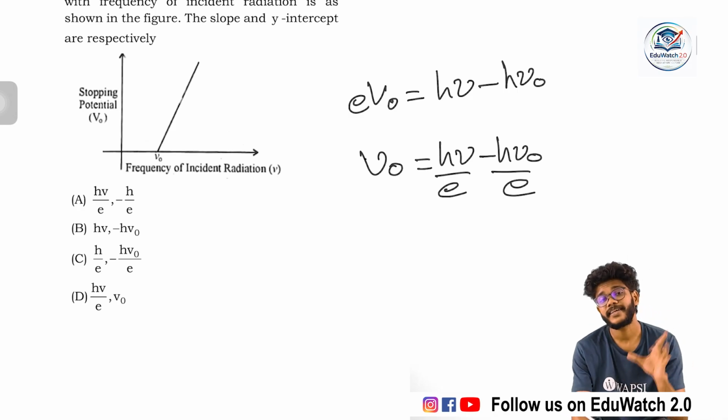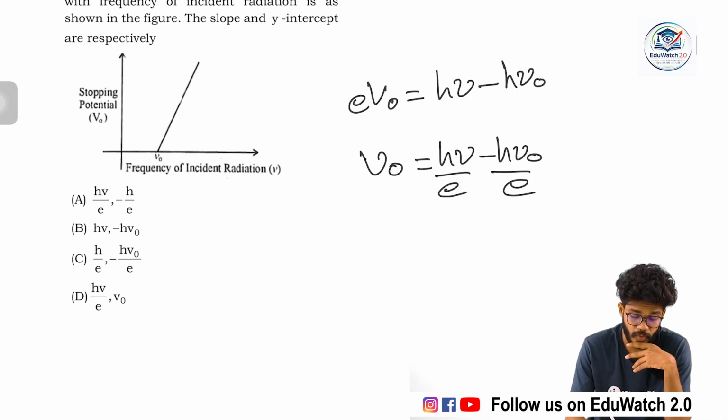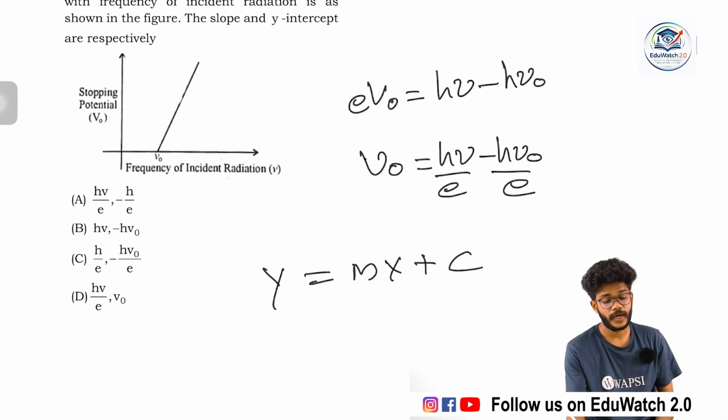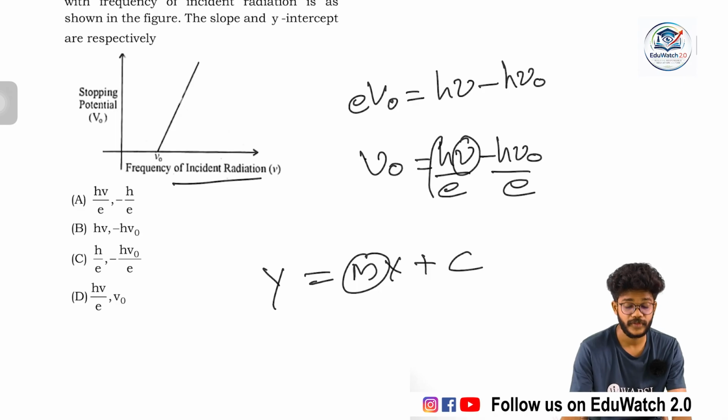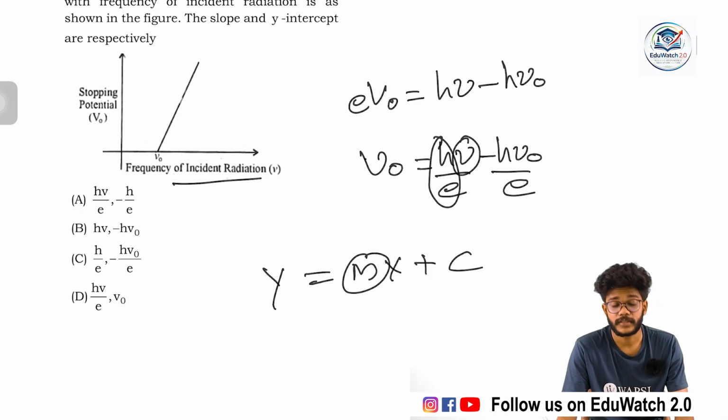What is the standard equation for a line? y is equal to mx plus c. So what is m? The slope. Here nu, frequency, is on the x-axis. So the coefficient of nu, h by e, is the slope. So h by e is only in option C.